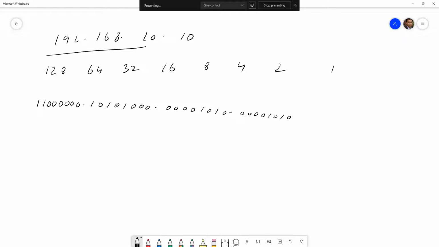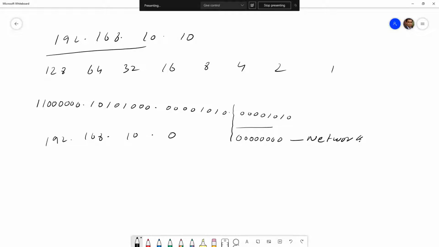Okay, how can we segregate the host portion here? First of all, the network portion, which means all host bits must be 0. That is called the network portion, in any IP address. So my network will be 192.168.10.0.